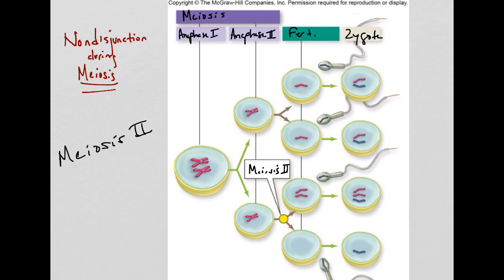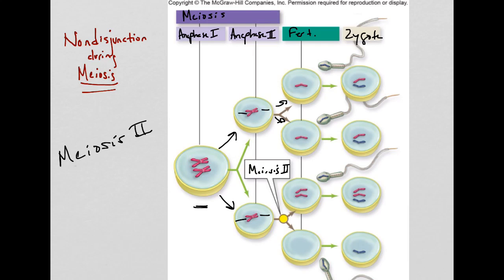Here's what we see. So here is the egg going through meiosis 1. Homologous chromosomes will line up on the equator of the cell, the metaphase plate. They will be separated from each other. Perfect. Did it exactly the way they were supposed to. So now we go into meiosis 2 and anaphase 2, where the sister chromatids line up on the equator, and the sisters get separated from each other, just like so.